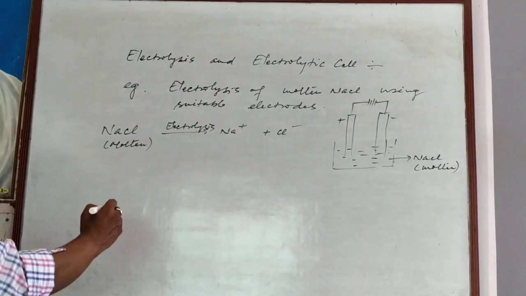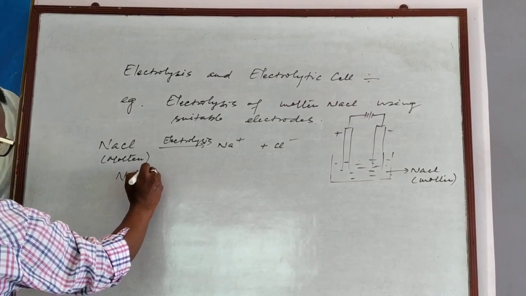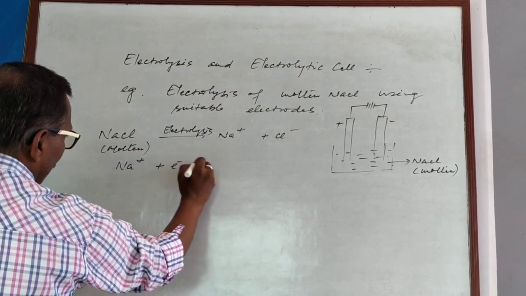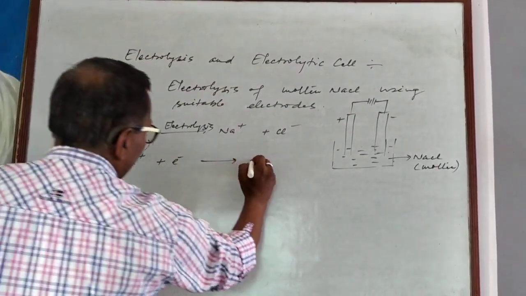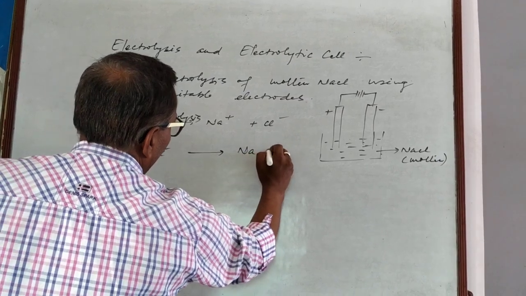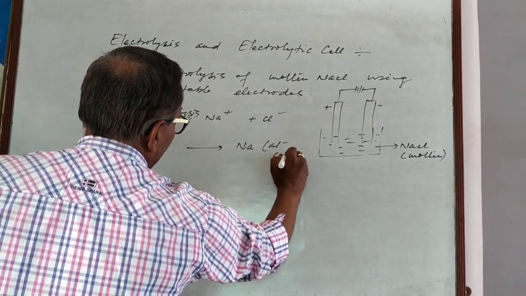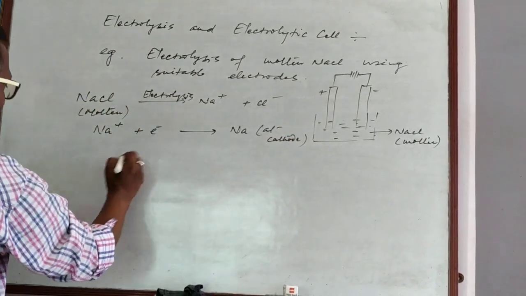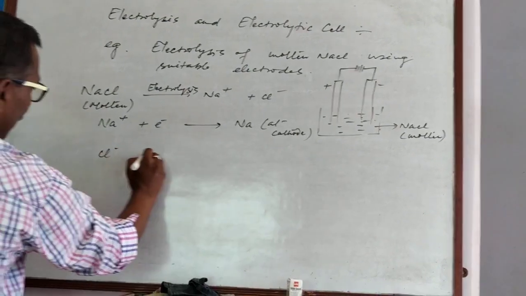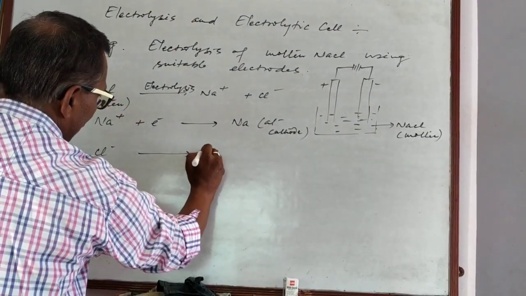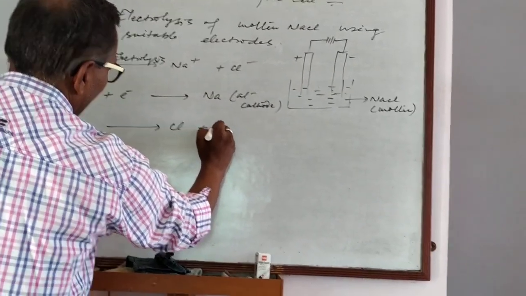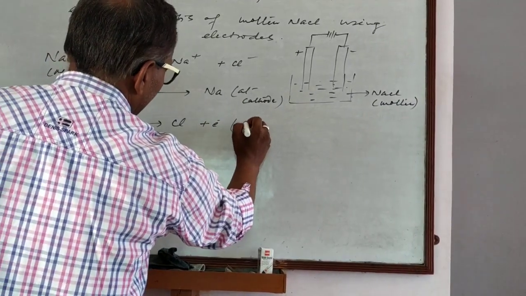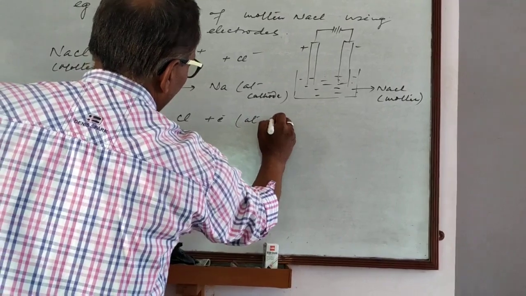Now Na+ moves towards the cathode by taking one electron at cathode, and at the same time Cl- changes into Cl by losing one electron, and this is at anode.